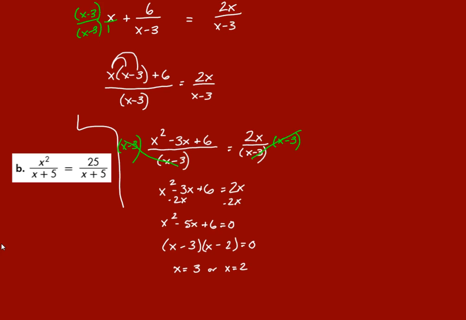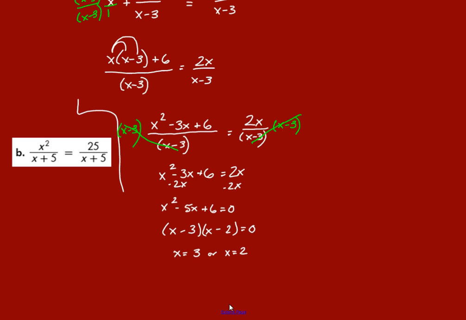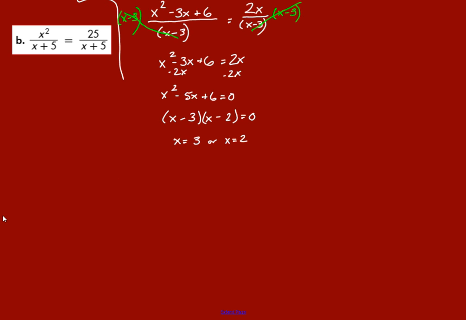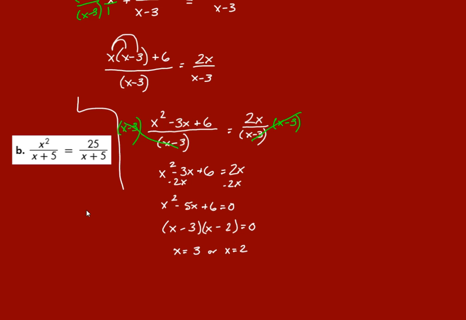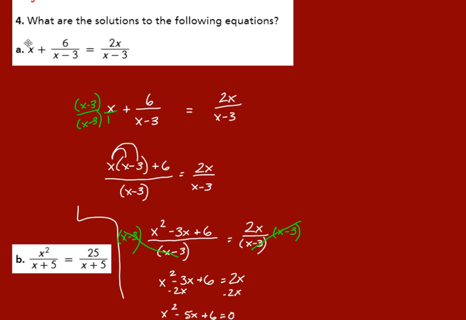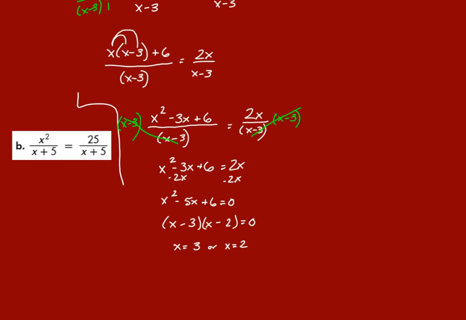Now, I got two answers here. So I have to check something. Okay? What I have to check is, do they both work? So I'm going to plug 3 and 2 back into my original equation. Now, the easiest way to do that is to use a calculator.